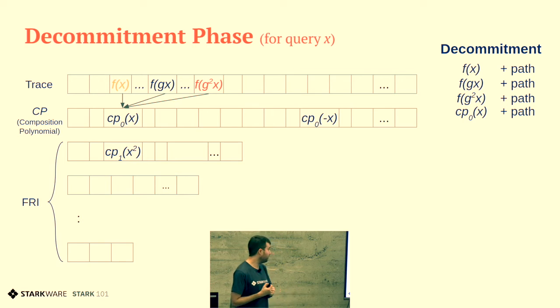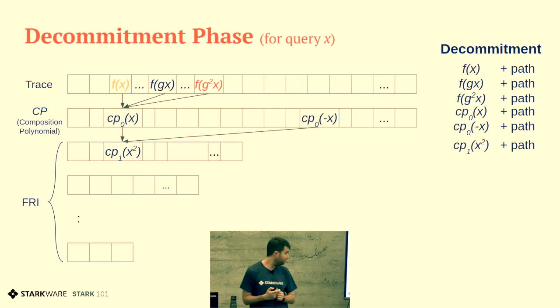Then the prover will send him CP at layer 0 of x and CP at layer 0 of minus x. The verifier will compute CP at layer 1 of x squared, and he will verify with the authentication path that it's exactly the same value that the prover committed before.